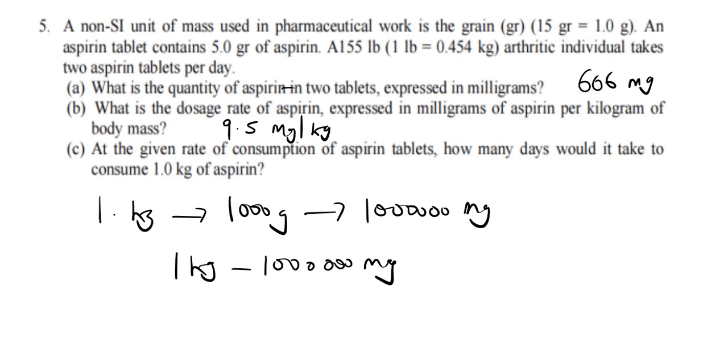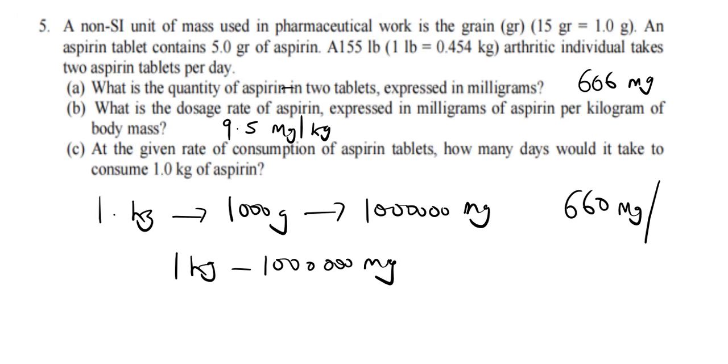Now this person has been taking 666 milligrams of a tablet. Then to find out, what did we get? Milligrams per kg in terms of days. So per day they take 2 tablets, and those 2 tablets are 666 milligrams.